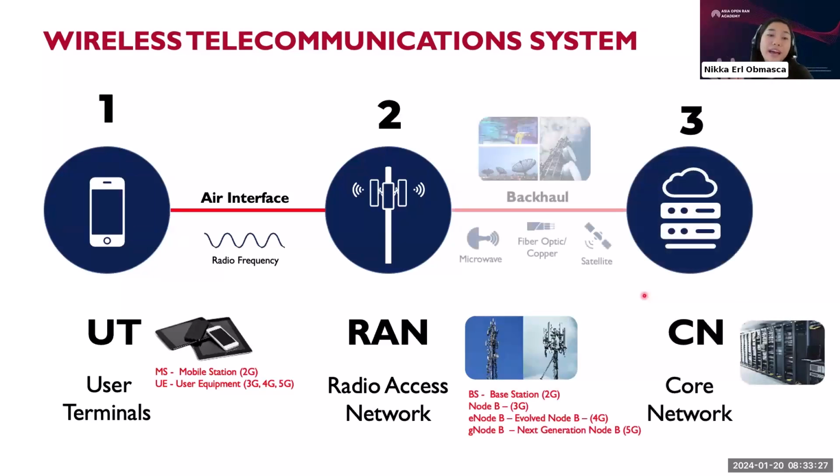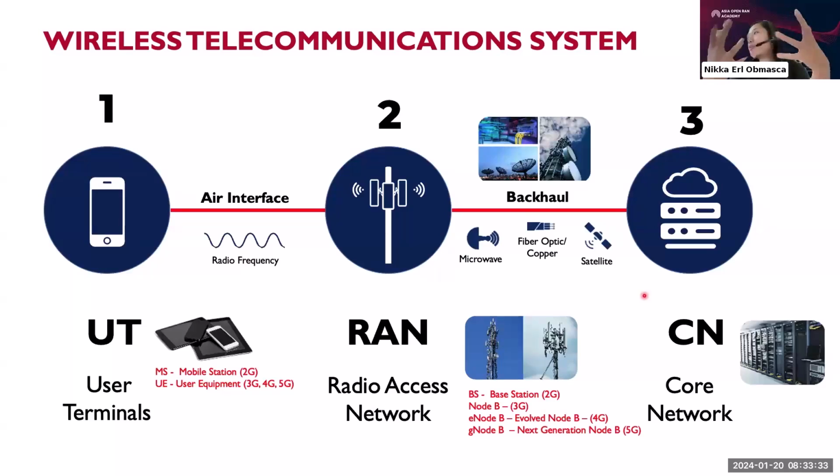Last is we have the core network. So what is a core network? The core network is responsible for managing the overall operation of the network. It includes routing traffic between different networks and providing advanced services such as calling, messaging, and data services.